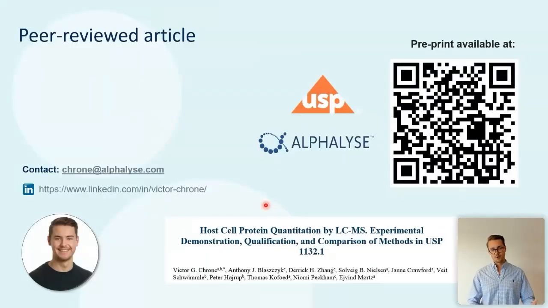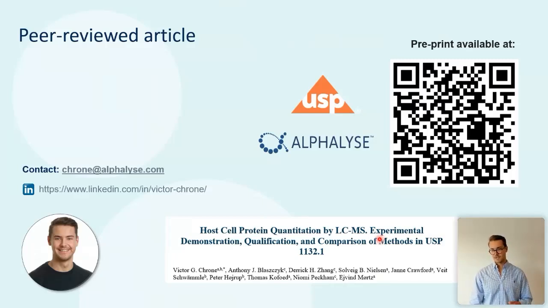Now, this was a brief overview of a lot of the work that myself and the people listed here have been doing. If you would like to dig into more of the work, you're more than welcome to have a look at our preprint, which hopefully will be accepted as a fully peer-reviewed article in the near future.